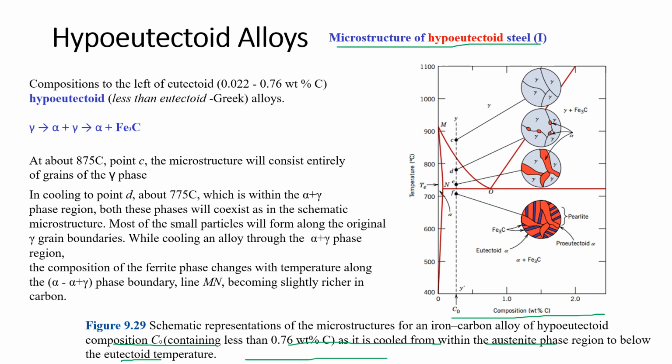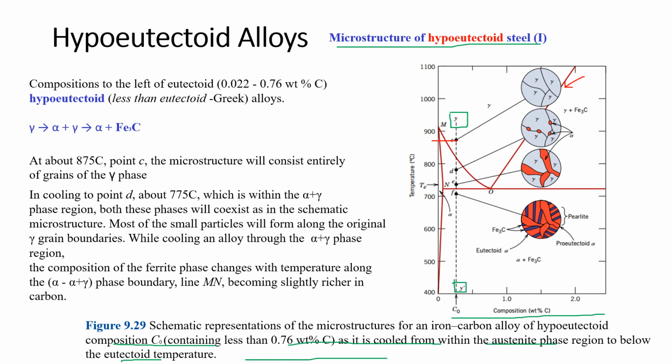This is our main interest: to study the reactions and the microstructure along the austenite region, from about 850 degrees centigrade to below the eutectoid temperature.